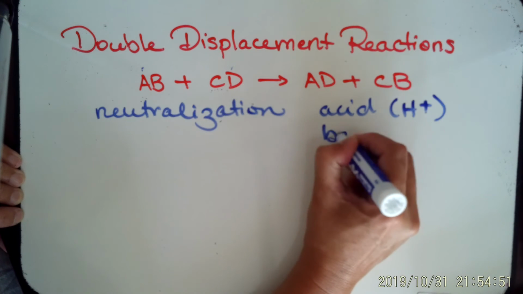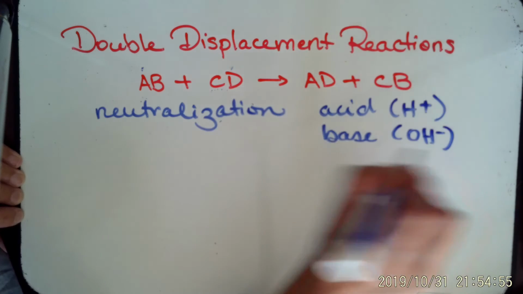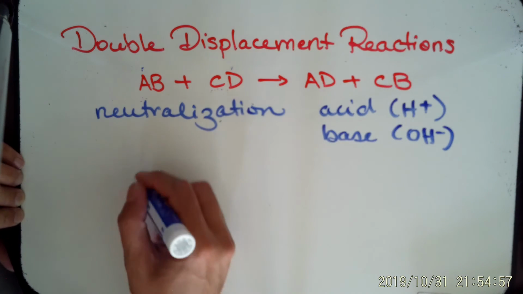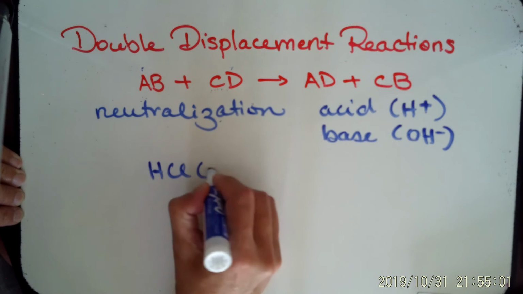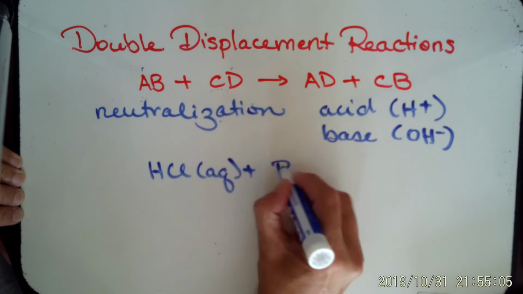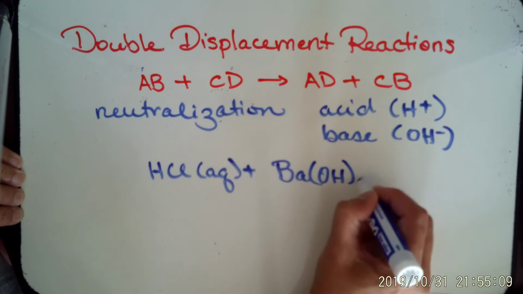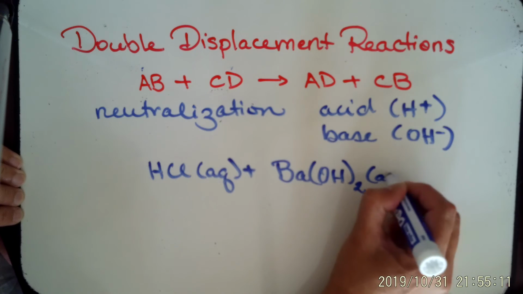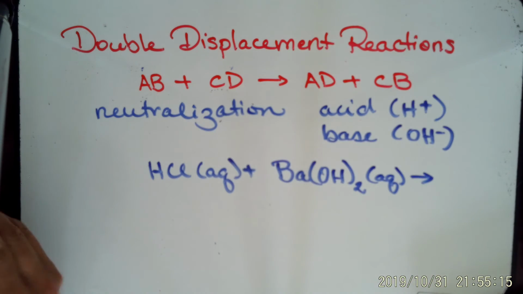And when we talk about bases, we're going to be looking at hydroxide in solution. Okay? So if I gave you something like hydrochloric acid, and I react it with barium hydroxide, okay, what happens is this.